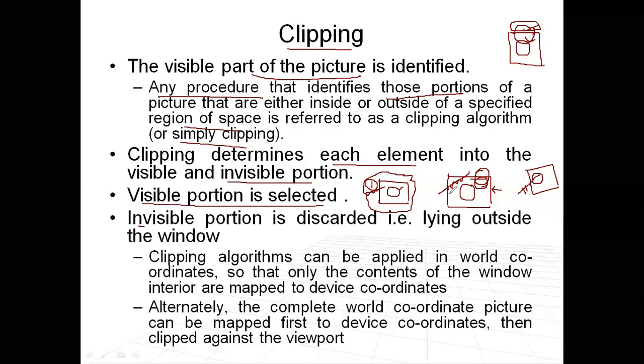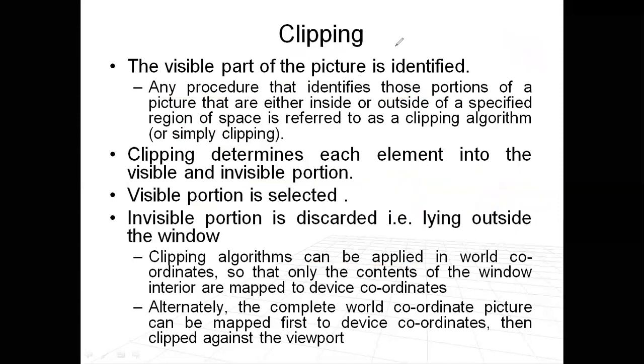These clipping algorithms can be applied in two ways. I have told you earlier about the window to viewport mapping. We have two types of coordinate systems: one is world coordinates, another is viewport coordinates. So we do the mapping. The object can be clipped at two levels.